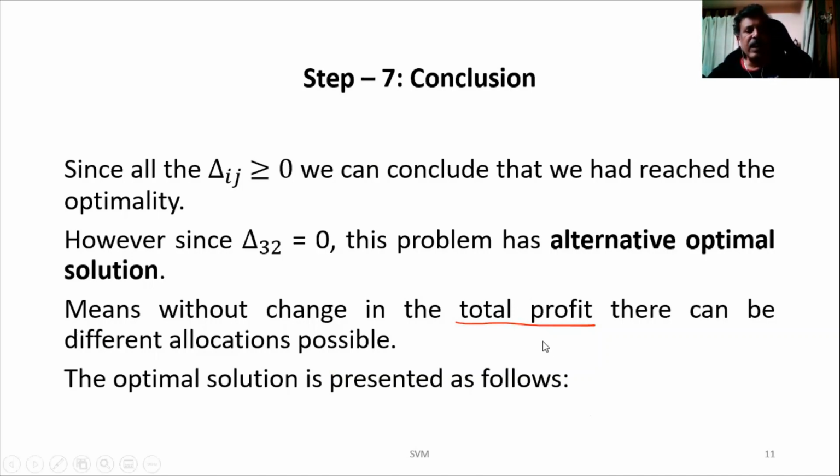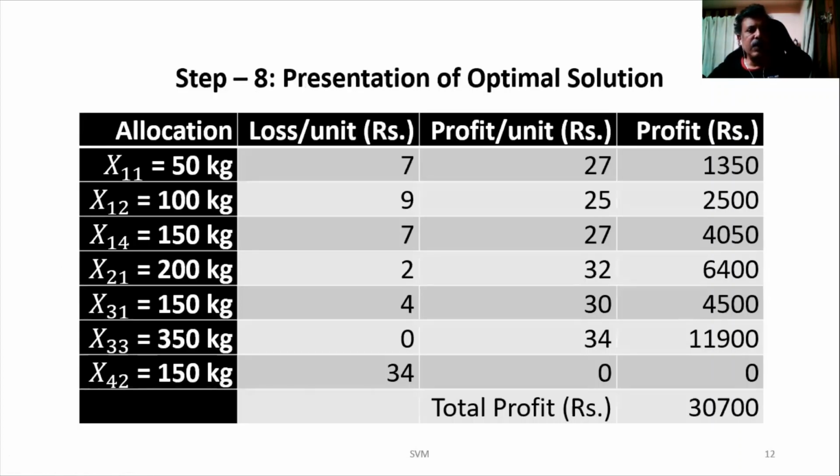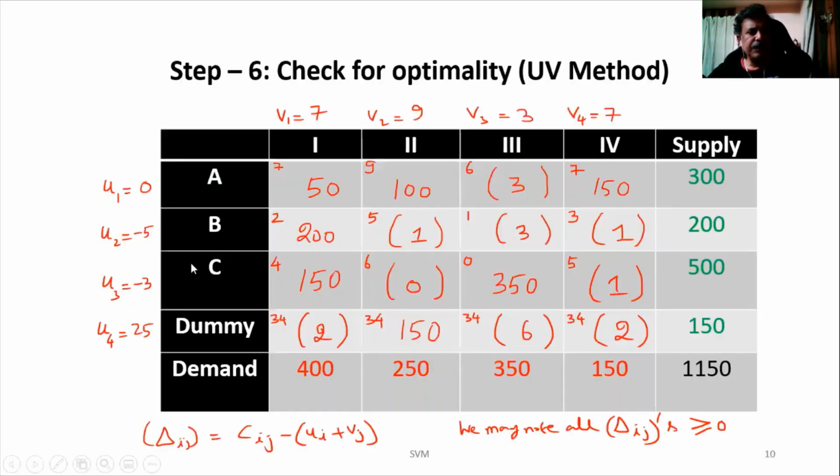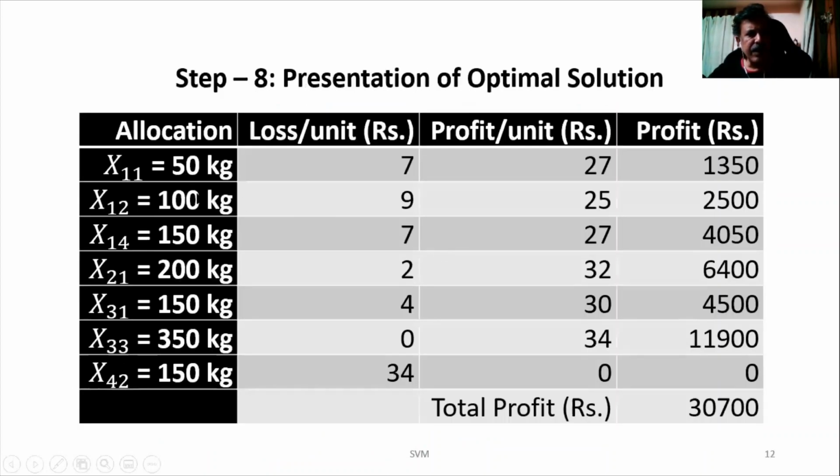So let us see how we present our optimal solution. First allocation X11 is sitting in first row, first column, then first row, second column, then first row, fourth column. All those will be mentioned here, along with whatever quantities we had.